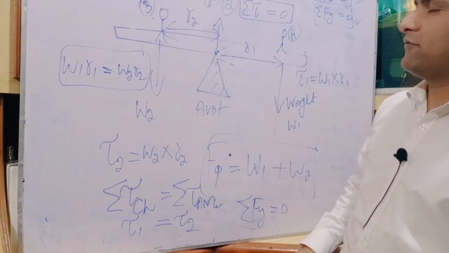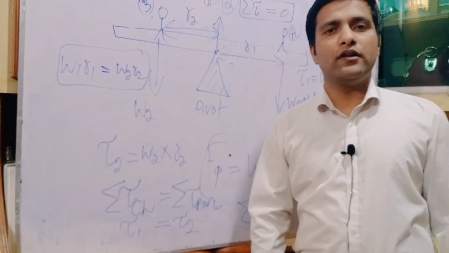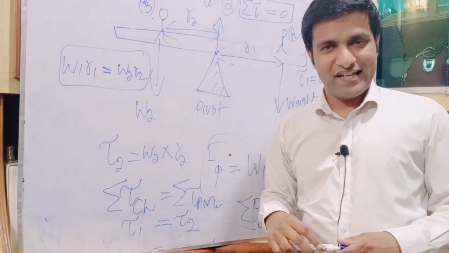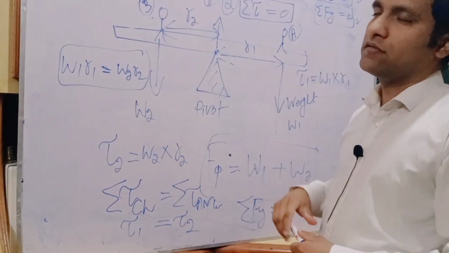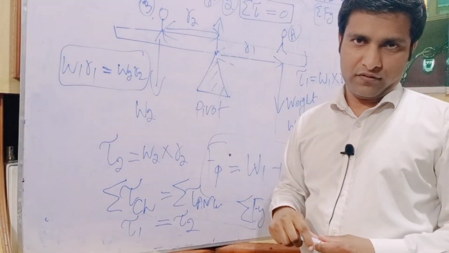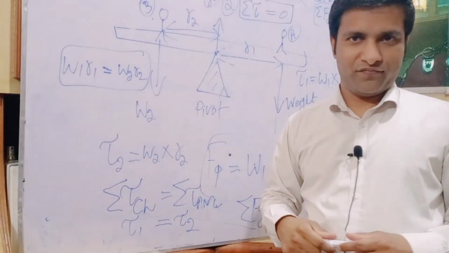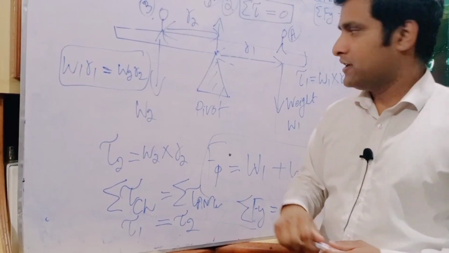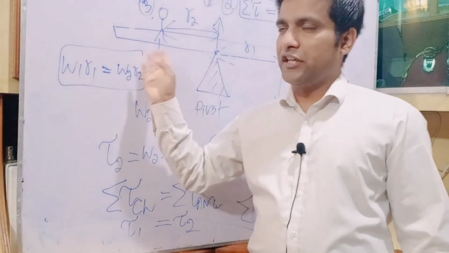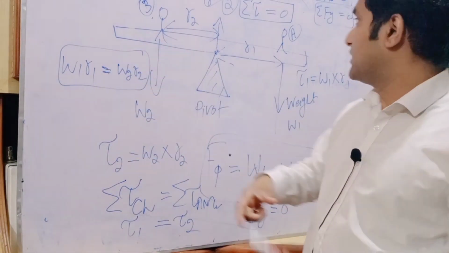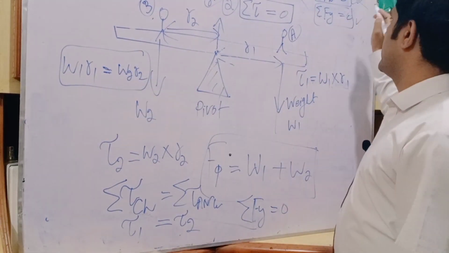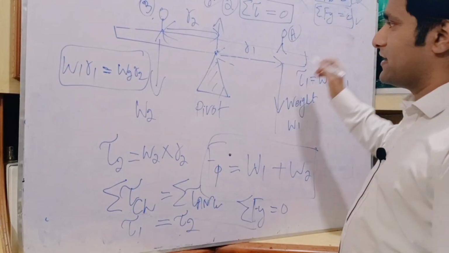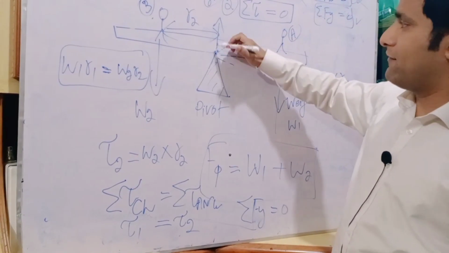What is the first condition? It has two parts. Sum of all the forces along the x-axis is 0, and sum of all the forces along the y-axis, the vertical axis, is 0. But in this case there is no force on either the right side or the left side, so the x part is not being used here. We use sum of Fy because we have an upward force and two downward forces.